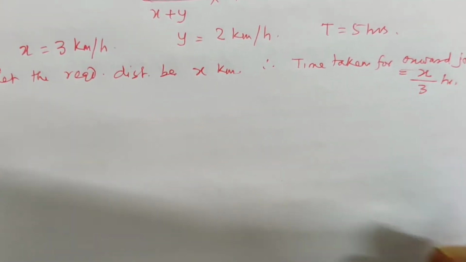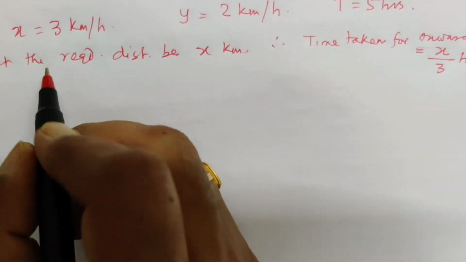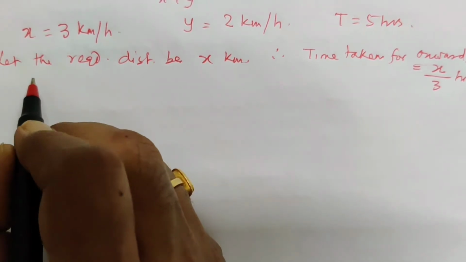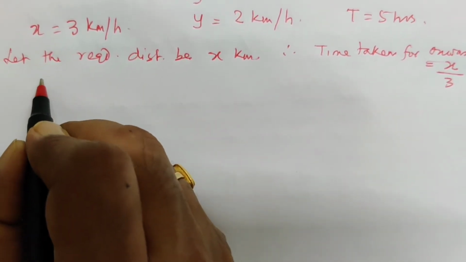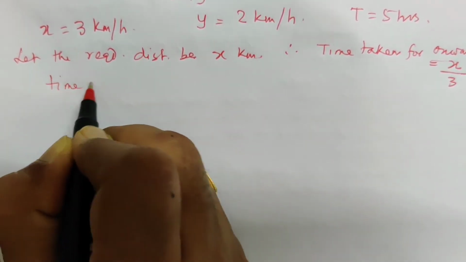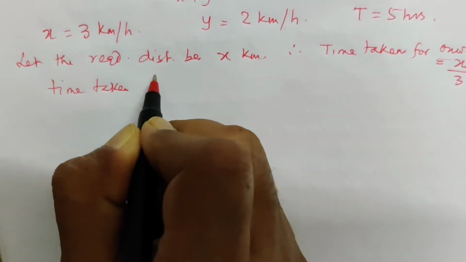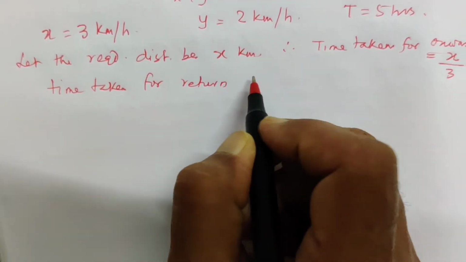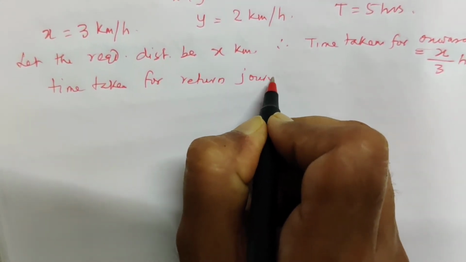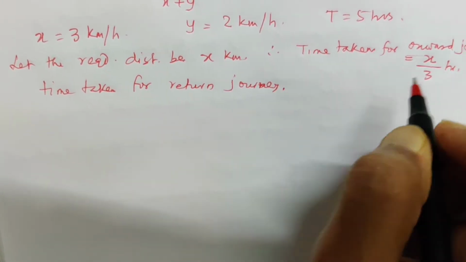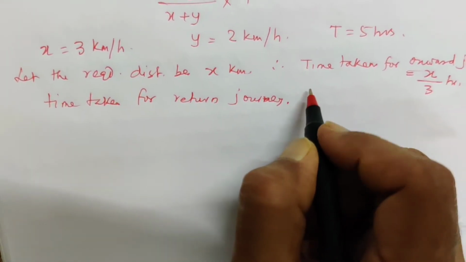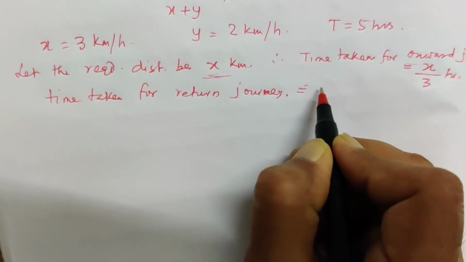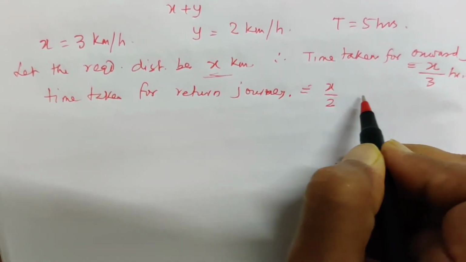So distance divided by speed is equal to time. Time taken for return journey, distance is same, is equal to x by 2 hour.